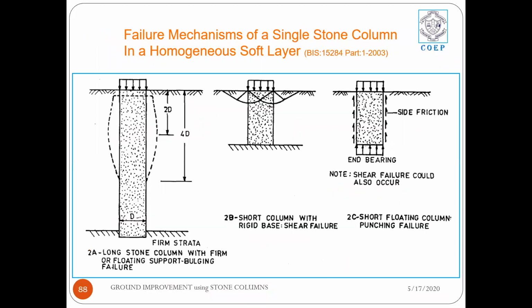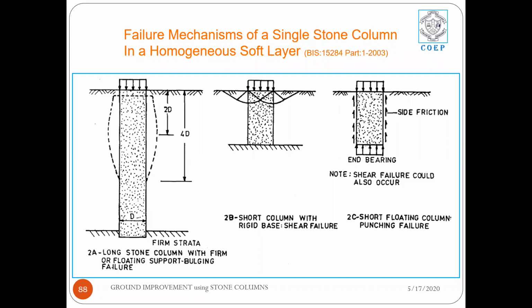For a single stone column, for end bearing and floating stone columns, the failure mechanisms have been shown, and this has been referred from Indian Code 15284 Part 1. In figure A, we can see the long stone column, that means length is greater than 3 times the diameter, and it is resting on a firm strata.